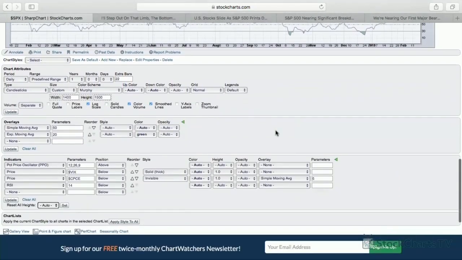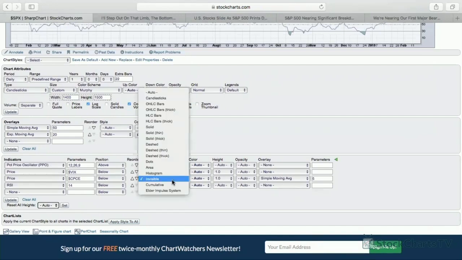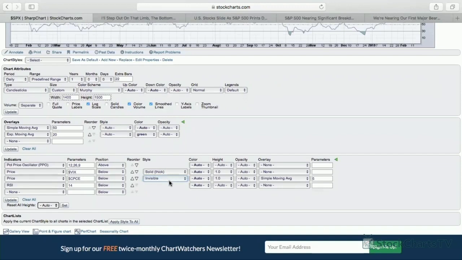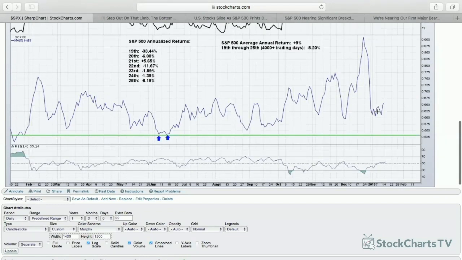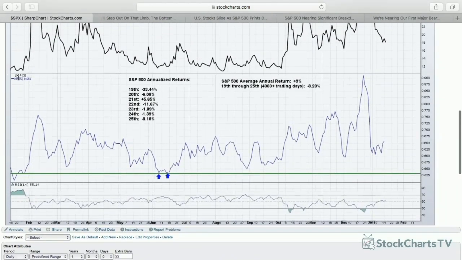Down here at the bottom, the way you can set that up is under your indicators, you can put in price, the $CPCE, that's your put-call ratio. And then under your style here, you can go with invisible. Invisible means that you're not going to see all that daily action. Instead, I have a simple moving average, 5-day, and that's what you're seeing up here, simply the 5-day moving average. Right over here, you can see MA, 5 in parentheses.